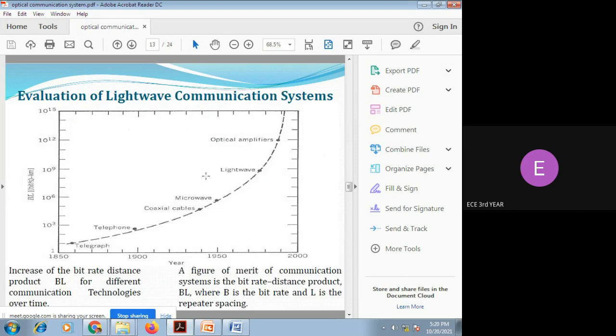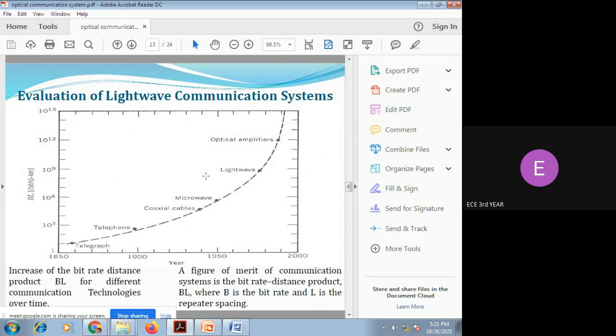This is the evolution of lightwave communication systems, that is optical communication, developed over the years. Starting in 1850, the telegraph was invented, and then around 1900, the telephone was invented.